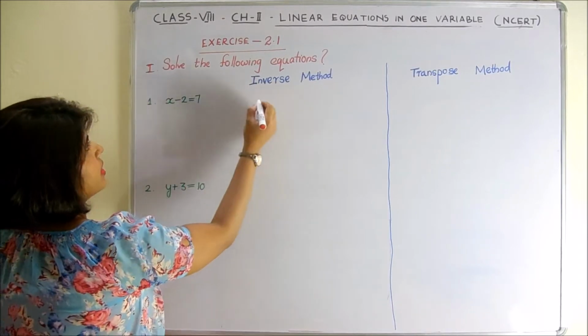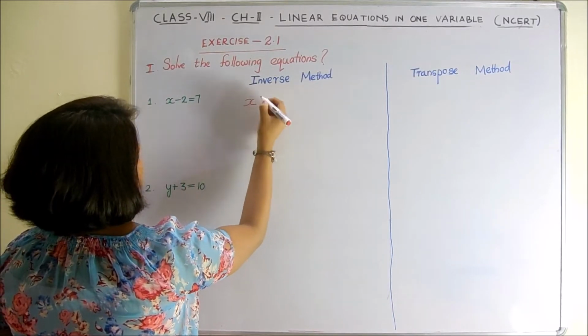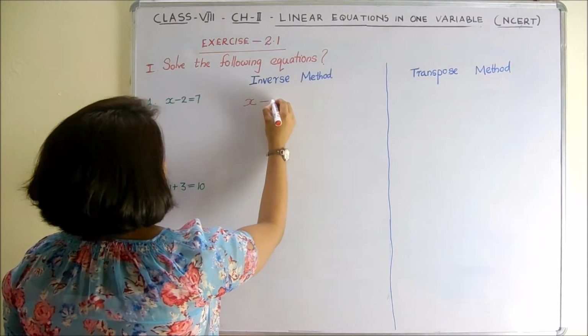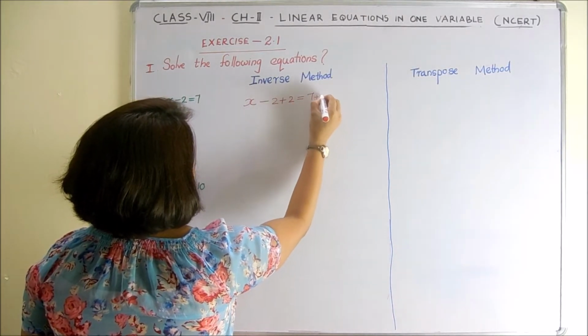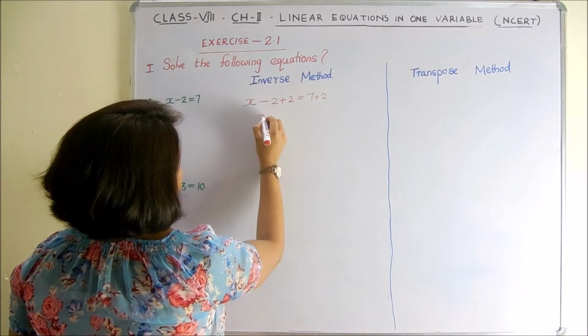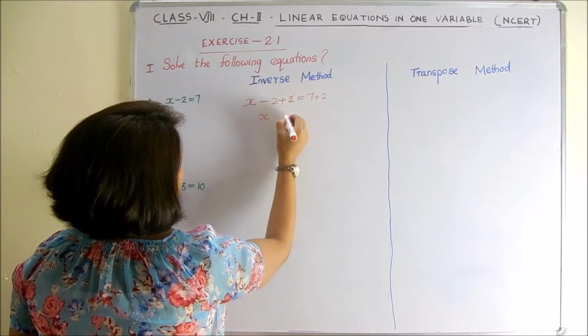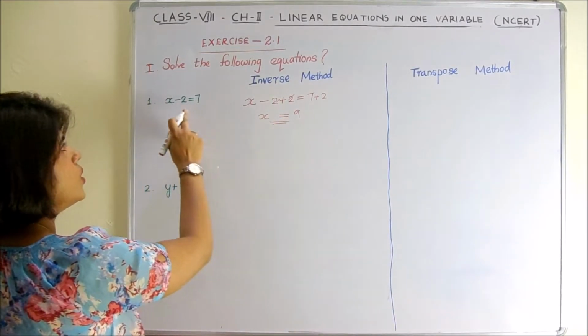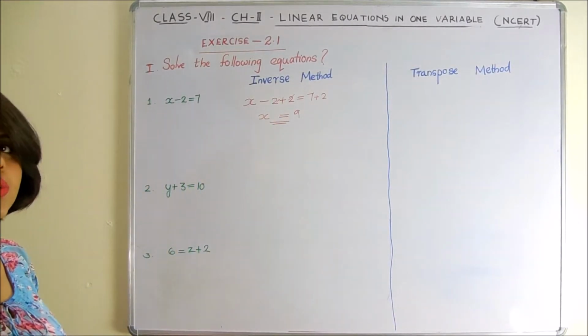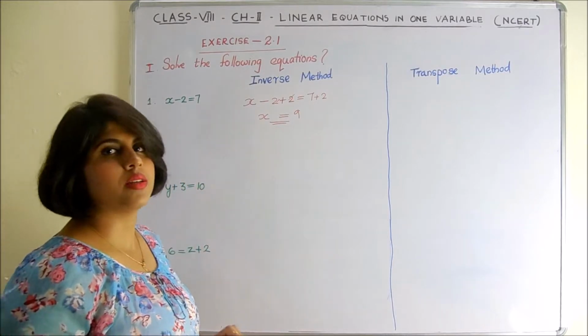What will come? It's minus 2 plus 2 equal to 7 plus 2, right? Now this 2 will cancel out, which is equal to 9. x equal to 9 is the solution for this equation using the inverse method.